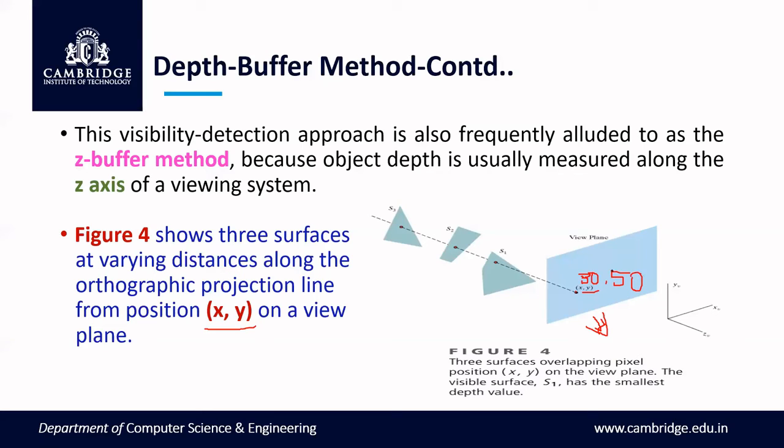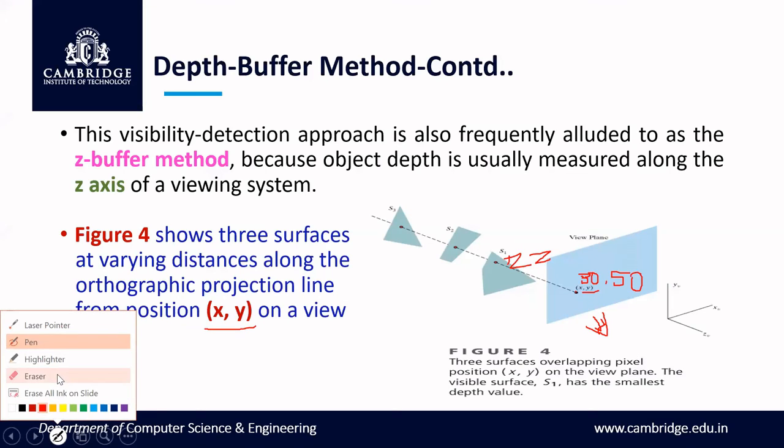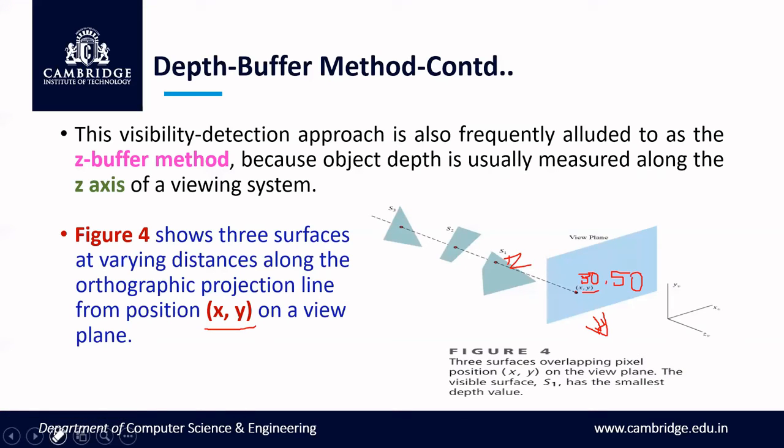Z value changes here. What will be the Z value for this? Let me say 10, okay?